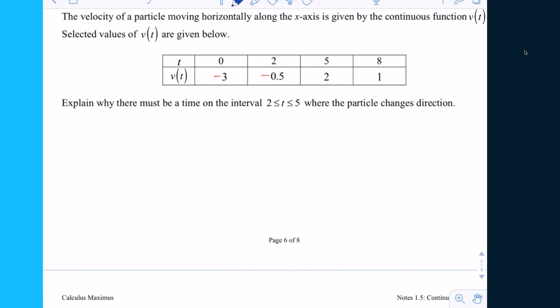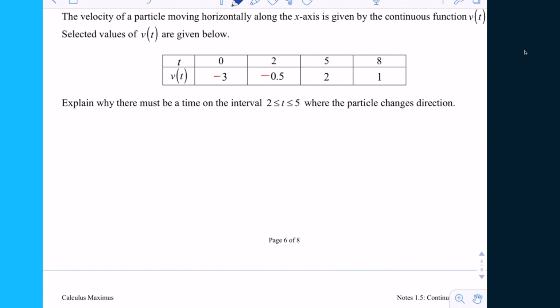And it did say it was a continuous function, right? So when will it change directions? When the sign of the velocity changes from negative to positive or positive to negative, right? It's going from left to right or right to left. Because it's a continuous function, it's a negative velocity at 2 and a positive velocity at 5. Is there any way for this particle to go from negative to positive without changing signs through a continuum?